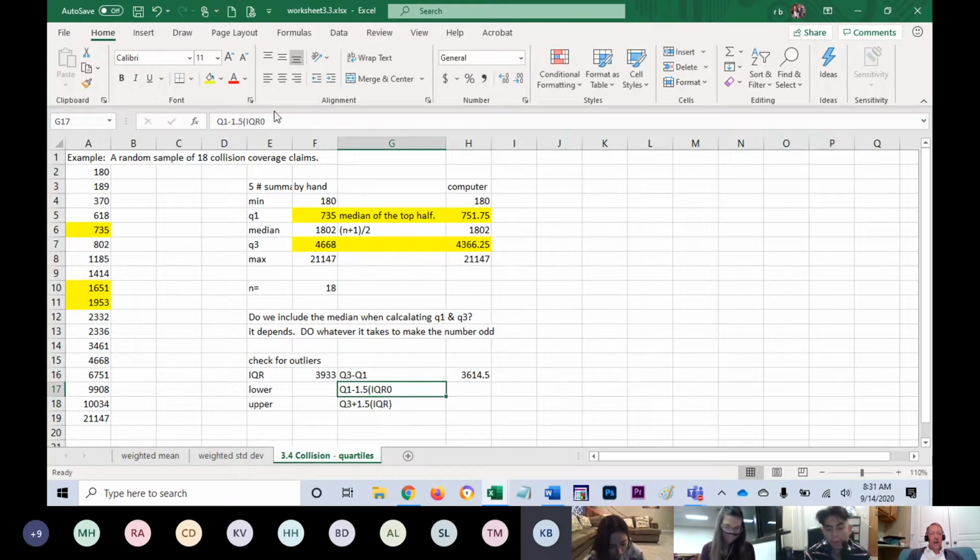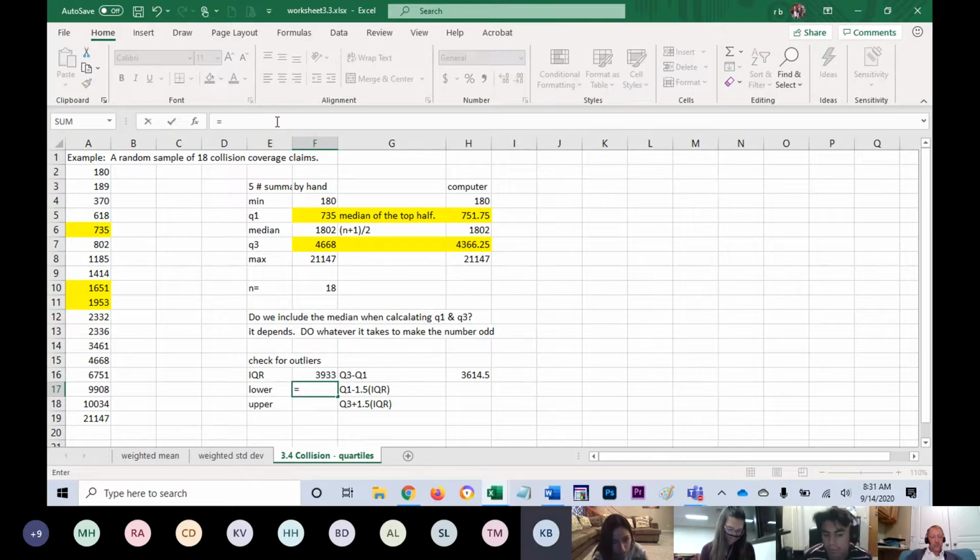Okay, now that you've got those formulas there, Keaton, can you figure out what the fences would be? Let's see, it would be 735 minus 1.5, 733.5.